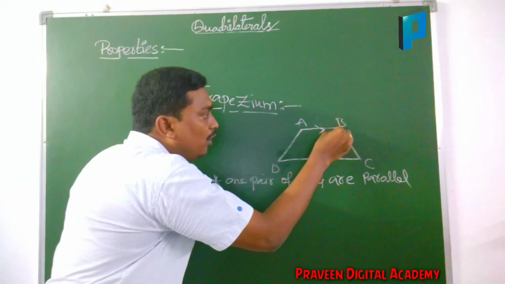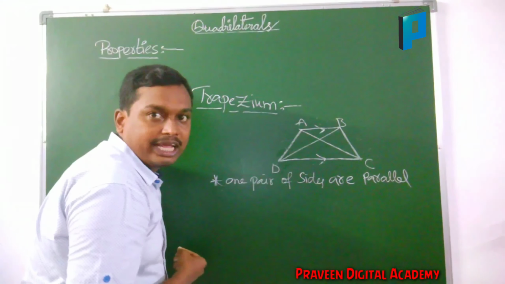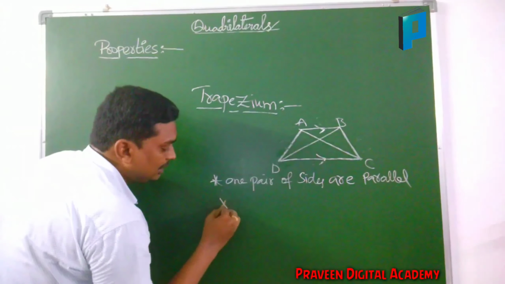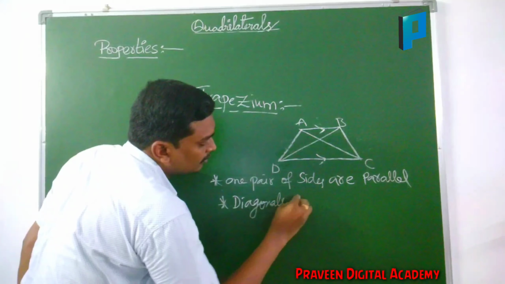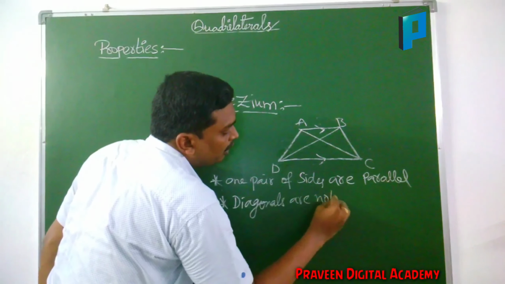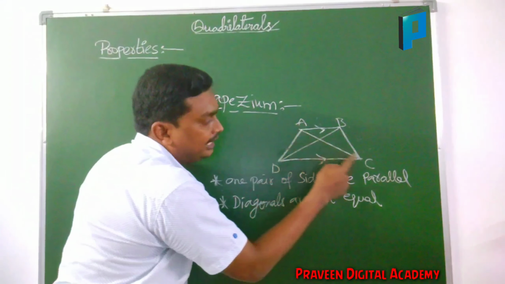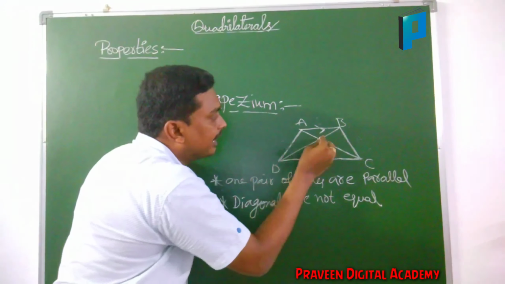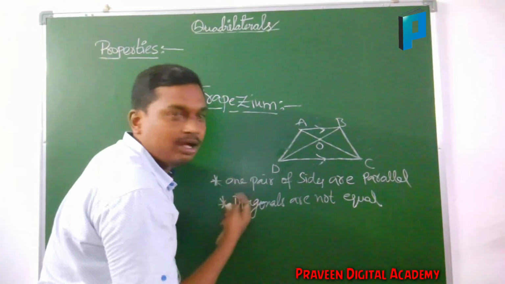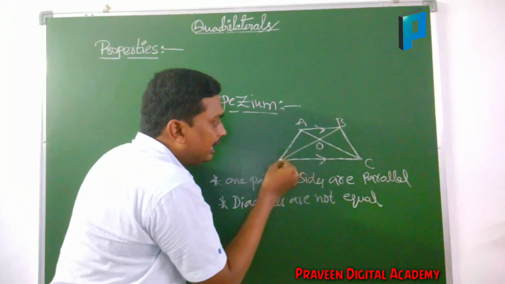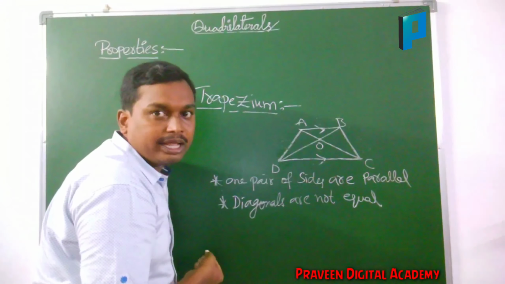Here one pair of sides are parallel in the trapezium, and also diagonals are not equal in the trapezium. AC is the diagonal, BD is the diagonal, both intersect at O. BD and AC are not equal.